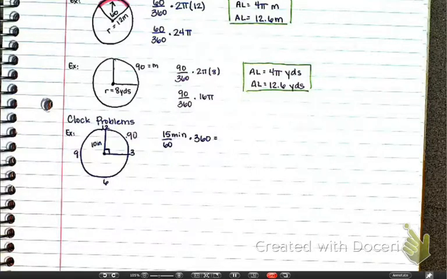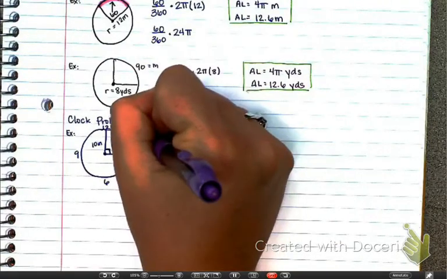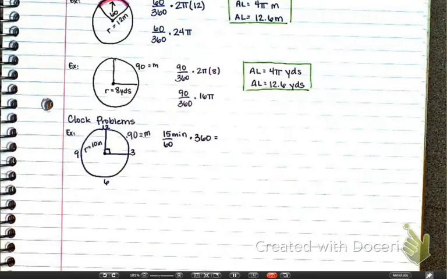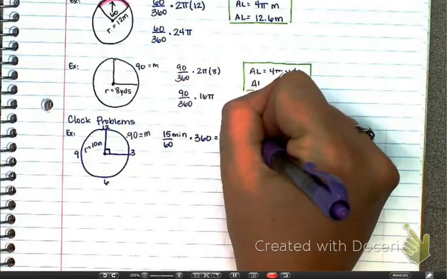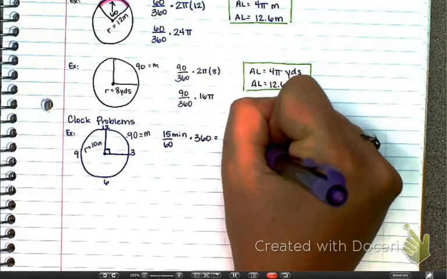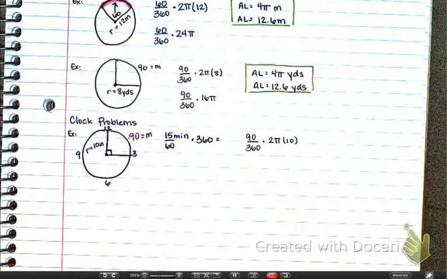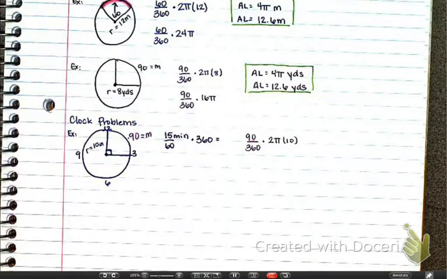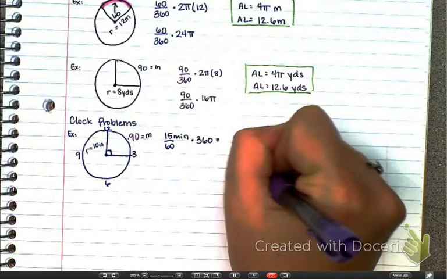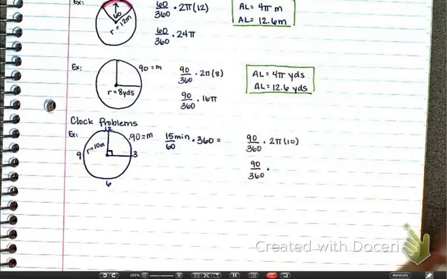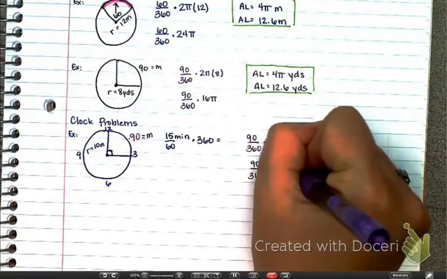Okay, so we started basic with this one so we can see it. The next one we're not going to be able to see as nicely. If I know the measure and I know the radius, can I find the arc length? Yes. So 90 over 360 times 2 times pi times my radius, or 90 over 360 times 20 pi.